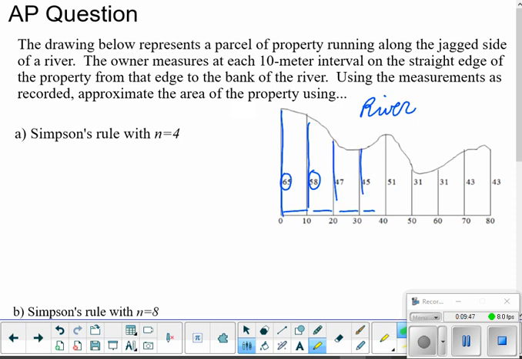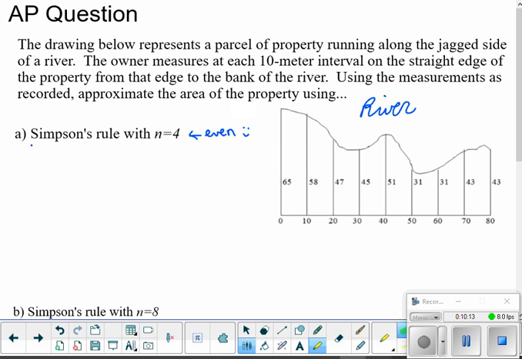And you can see the numbers in the diagram. Using the measurements as recorded, approximate the area of the property. We're going to do 3 different ones. I'm going to do a Simpson's with 4 subintervals, and then a Simpson's with 8. Since this is even, that allows us to do Simpson's.